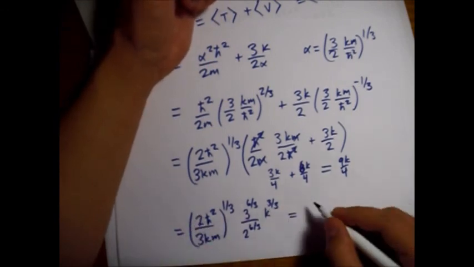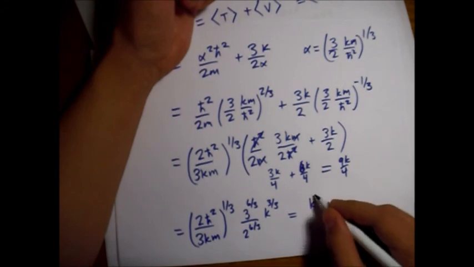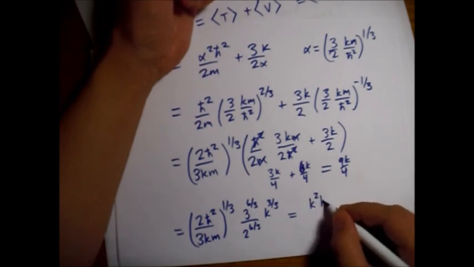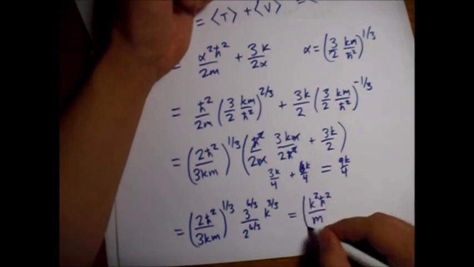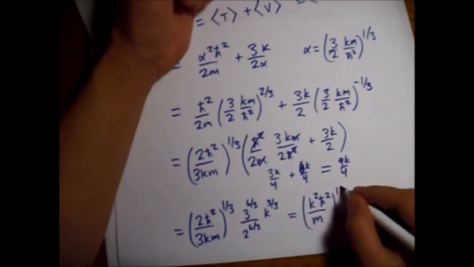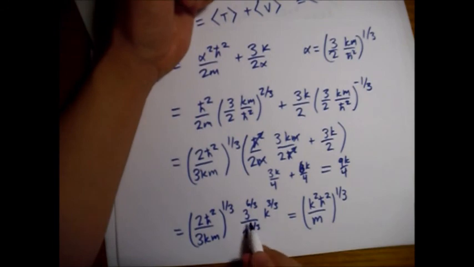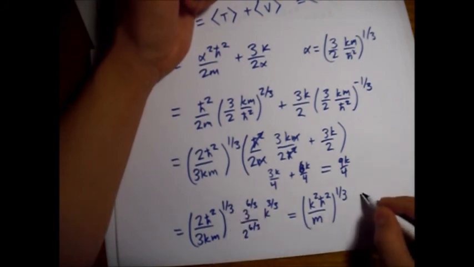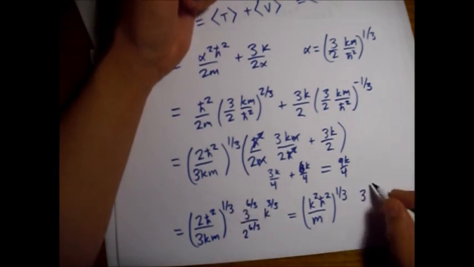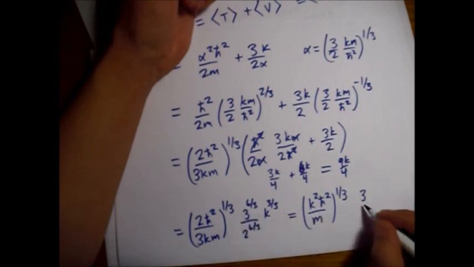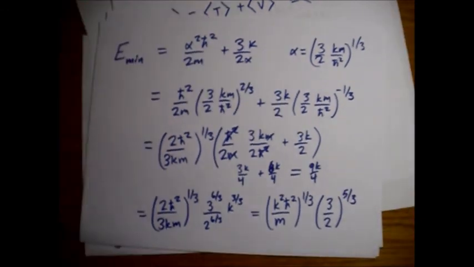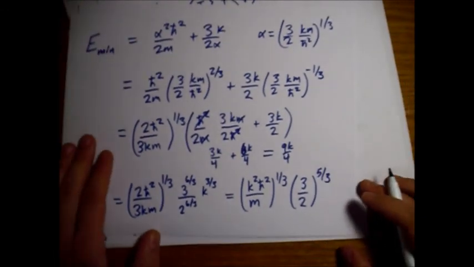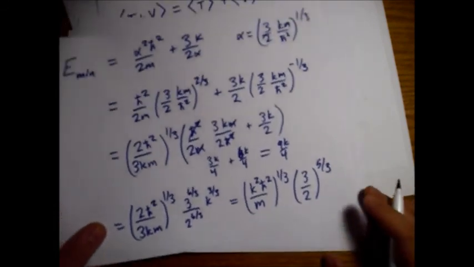So what we get is this k comes here as a k squared h bar squared over m to the 1/3 power. And then left over from this, we have a 3 to the 5/3 over 2 to the 5/3. So there we go.